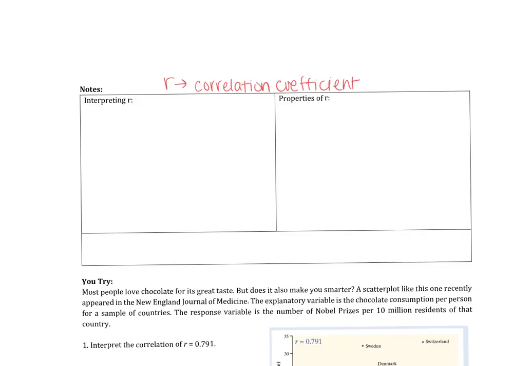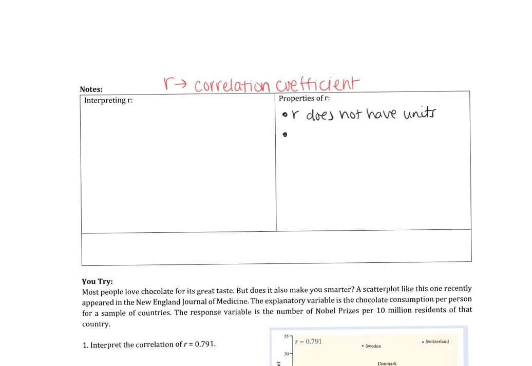All right, and here are some properties that are true of that correlation coefficient. The correlation coefficient does not have units. So just like we saw in the last example, if you change the units, R stays the same because it's measuring the degree of a linear relationship. So the points are still having that same linear relationship if we switch the units up.